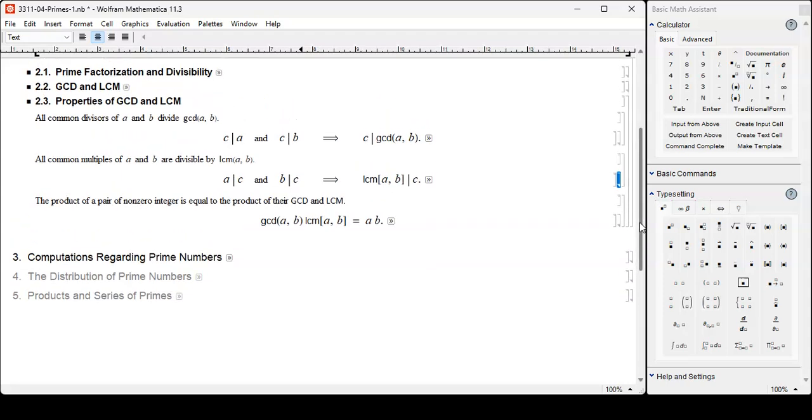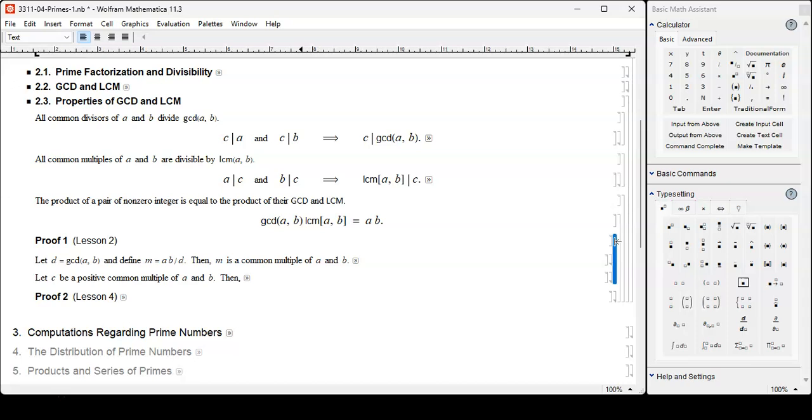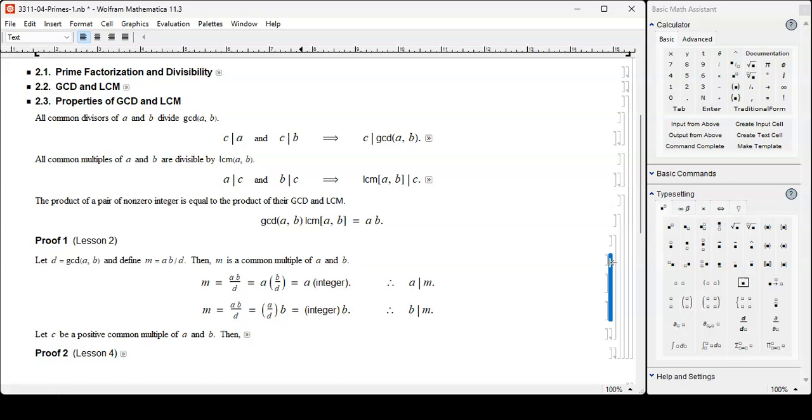Finally, this one. GCD times LCM is a times b, and the proof we did in lesson 2 is pretty hard actually this time. It's even worse than the previous one. These GCD, and then m as the product divided by GCD, and we have to prove that this m is the LCM.